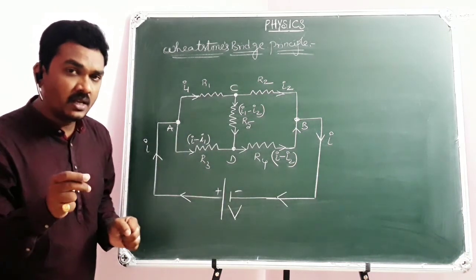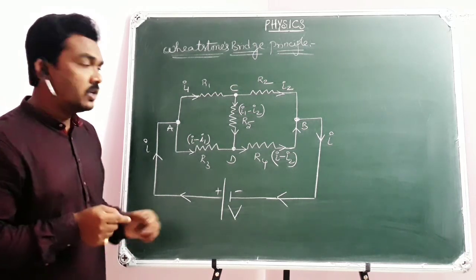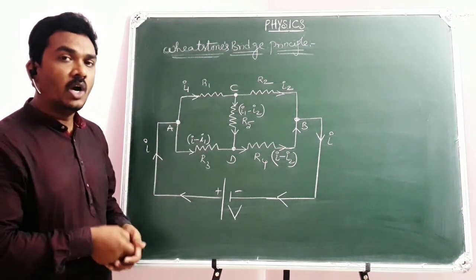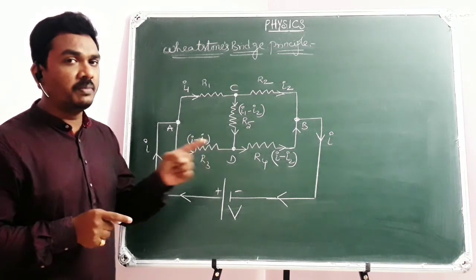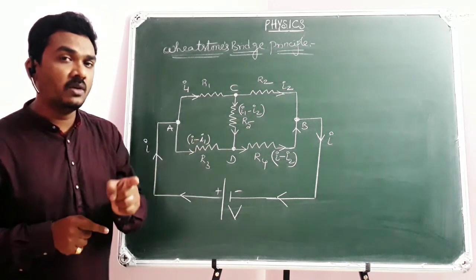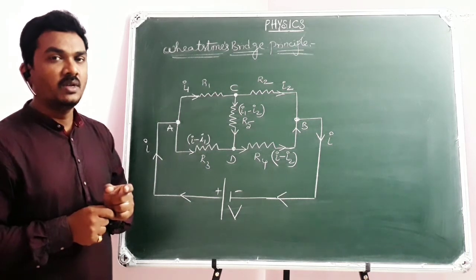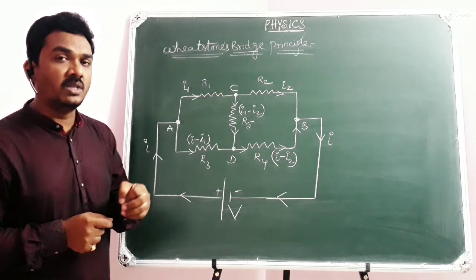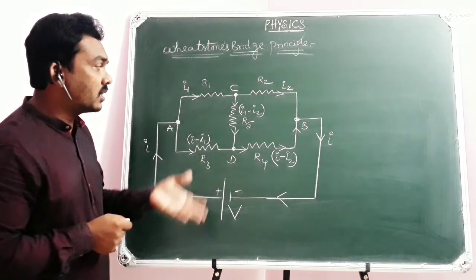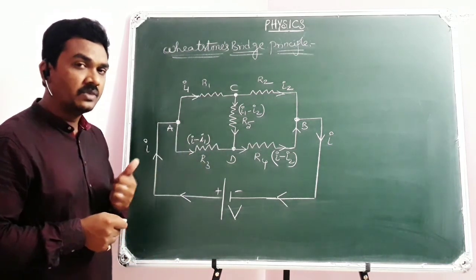Now I have to apply Kirchhoff's voltage law to write the equations. How many equations can I write? Yes, the number of closed loops will be equal to the number of equations that I can write. But the minimum number of equations I require is equal to the number of variables. What are the variables here?